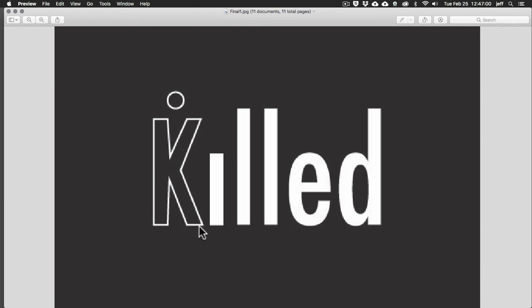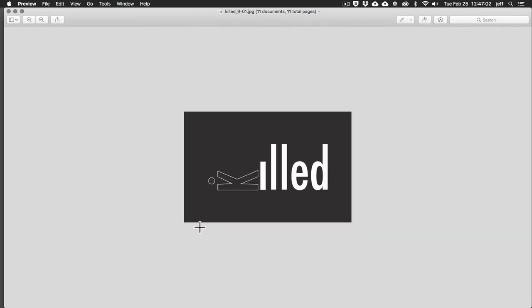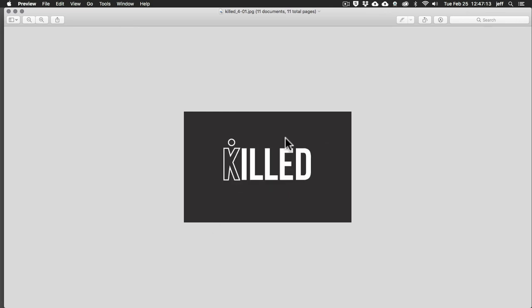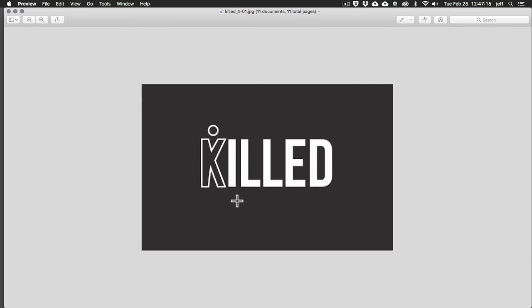And so then, does the K need to fall over? It's a valid experiment, but really in the end, and I think this was his final, he adapted it just slightly. Let me zoom in on that a little bit. He adapted the letter form to look a little bit more like a body on the ground.